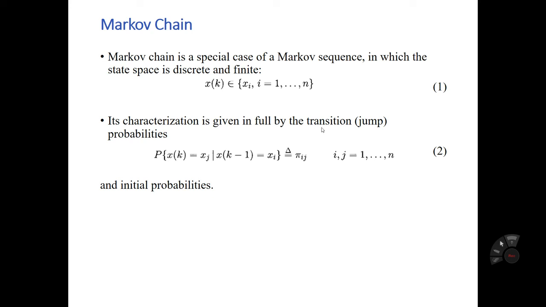You must know the previous value like x of k minus 1 and some initial probabilities. So the probability of the current scan x k equals x j, given x of k minus 1 equals x i, which you already know, equals pi ij. This is a matrix where i and j equal 1 to n.